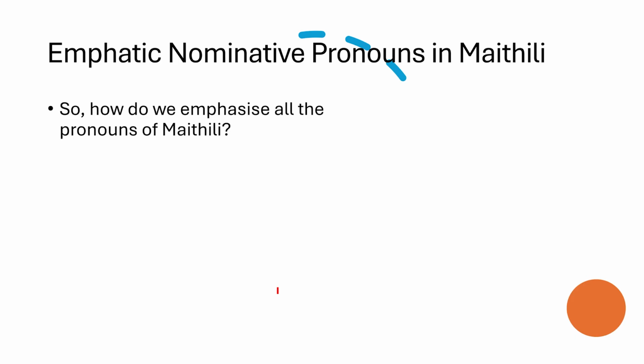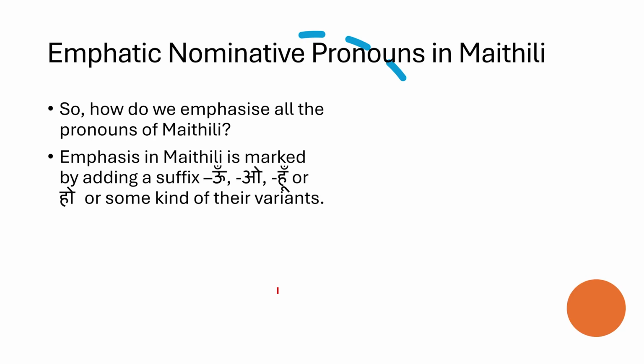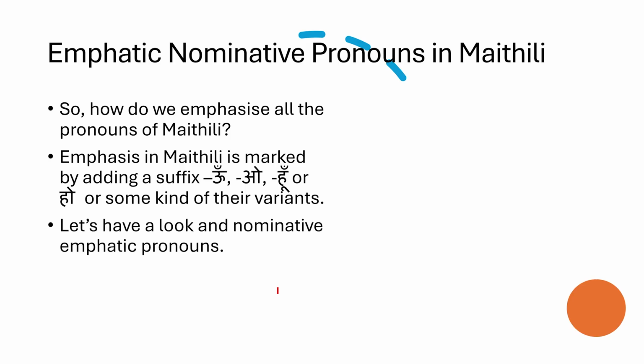So, how do we emphasize all the pronouns of Maithili? Emphasis in Maithili is marked by adding a suffix hu, o, hu, or even ho, or some kind of their variants. Let us have a look at the nominative emphatic pronouns.